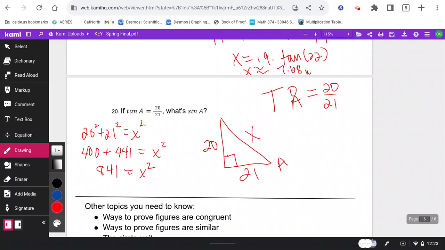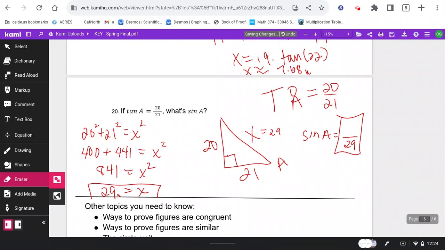And if I square root that just to see if it happens to be a perfect square, it is. It's 29 units. So we just found out that X is equal to 29. So when they asked for the sine of A, it's opposite over hypotenuse. And there you go. 20 over 29 is your answer.